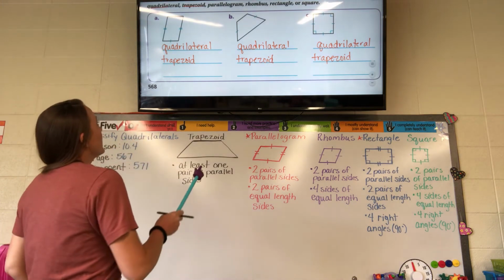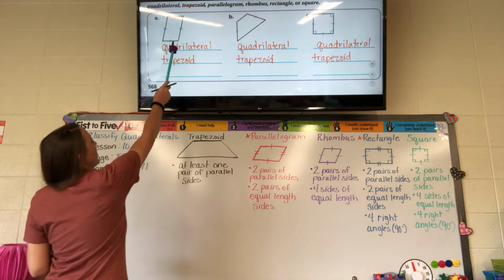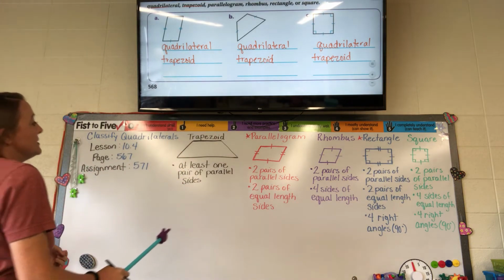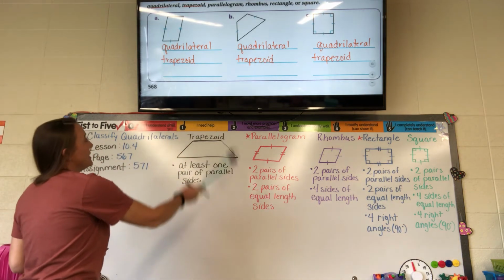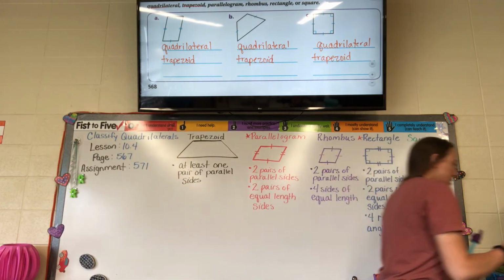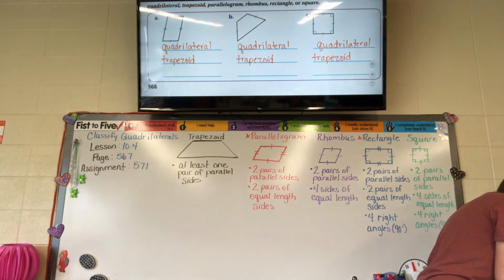So, does this have 2 pairs of parallel sides? Yes, it does. Does it have 2 pairs of sides that are the equal length? Yes, it does. So this letter A is a parallelogram.